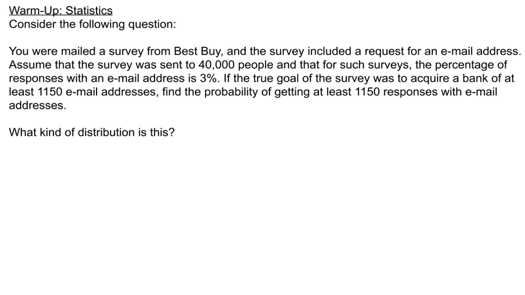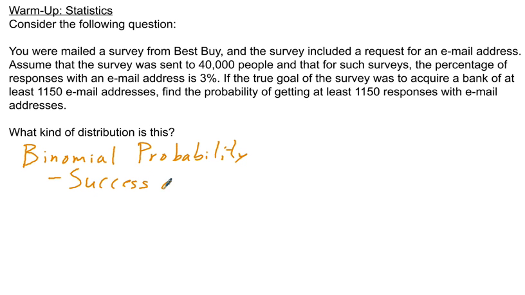All right. So this problem is a binomial probability. Thinking back to Unit 4, this meets the criteria of the binomial distribution because it has a couple different characteristics. First, this situation is either a success or failure.